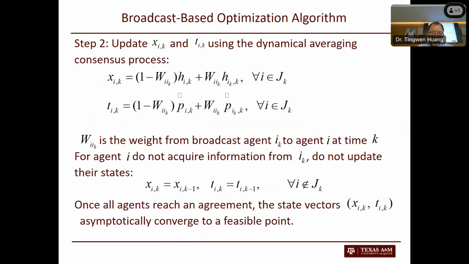Agents i that do not acquire information from ik do not update their states. Once all agents reach an agreement, or basically consensus, the state vectors asymptotically converge to a feasible point.